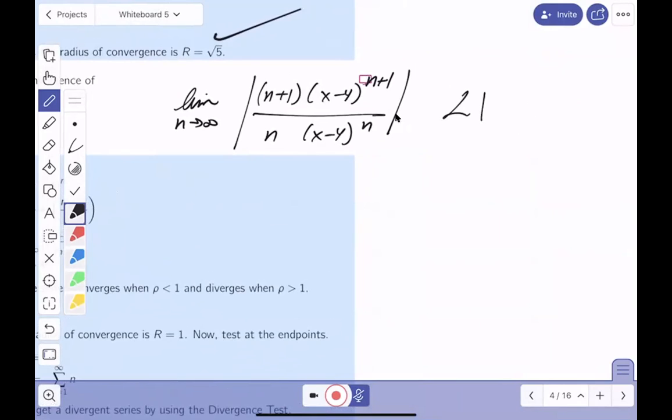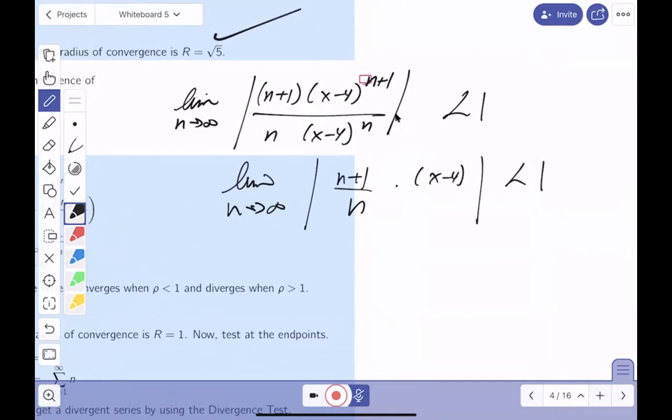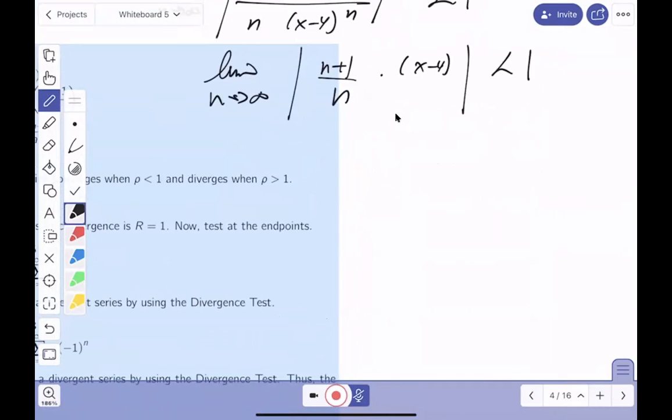Let me simplify it first. Limit n goes to infinity, absolute value n plus 1 over n times that x minus 4, we've just reduced to x minus 4. And the limit of that n plus 1 over n is just 1. So this guy turns out to be the absolute value of x minus 4 less than 1.